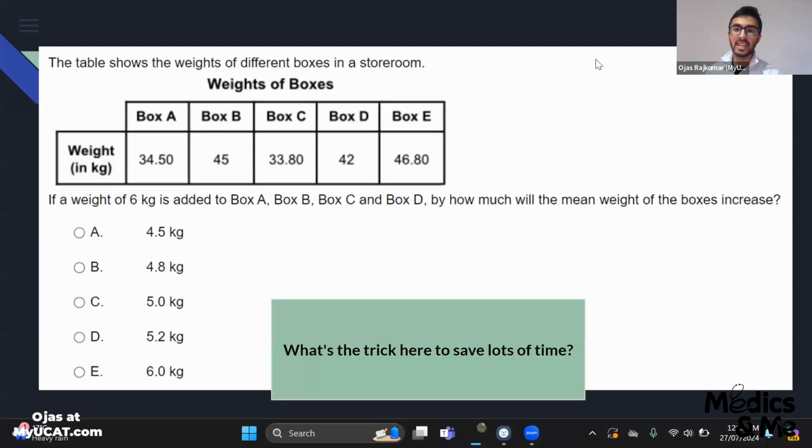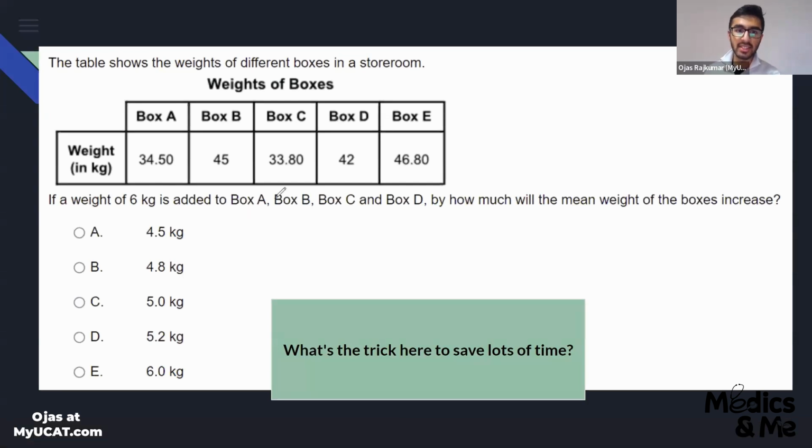Okay, so what we're saying here is we have these 5 boxes, A, B, C, D, and E, and they have certain weights. And to start off with, we have a certain mean weight of the 5 boxes. So to work that out, we would have A plus B plus C plus D plus E, and we divide that by 5. Now that's the old mean.